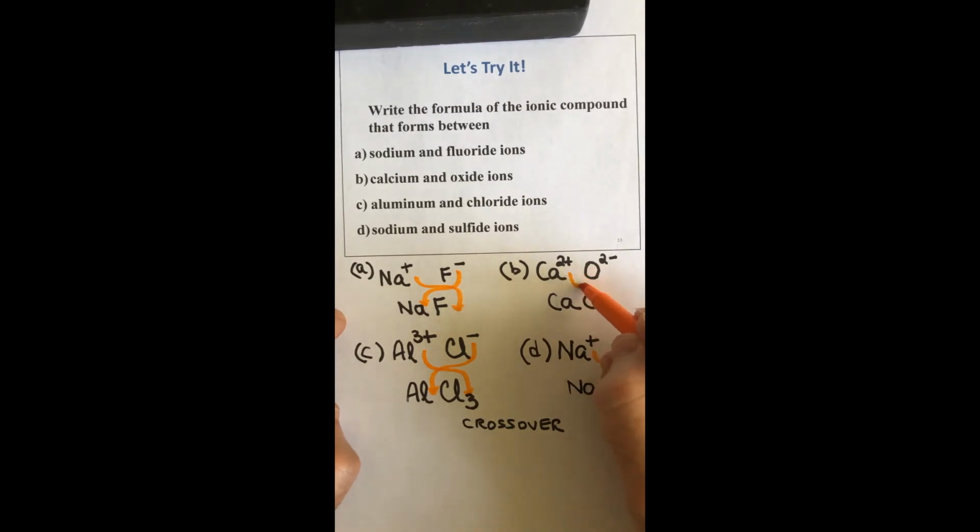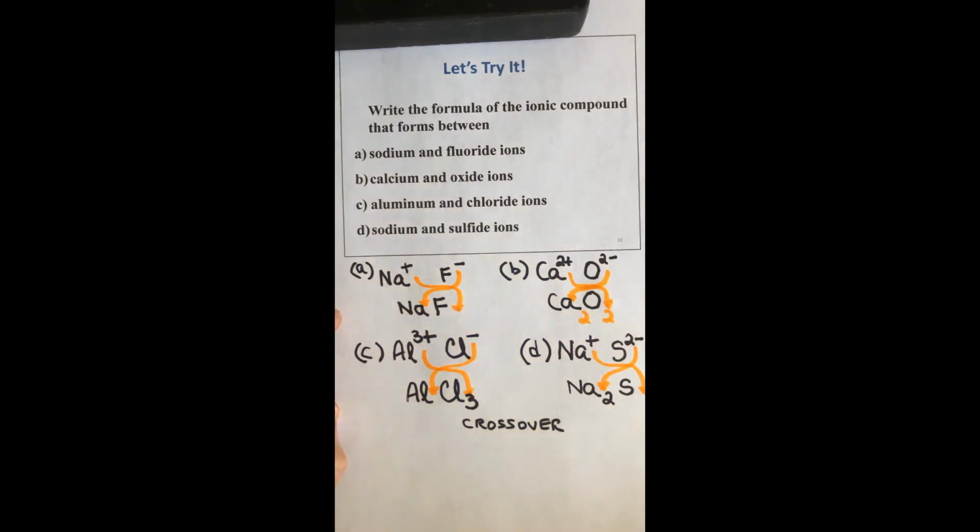Now, let's look at this one here. Technically, if I were to follow the crossover method here, I would have gotten 2 and 2. But remember that this is just an assembly of ions. It's not a unit. Therefore, what I want to express is the simplest ratio between these ions in the compound.